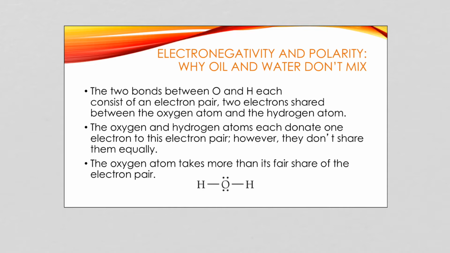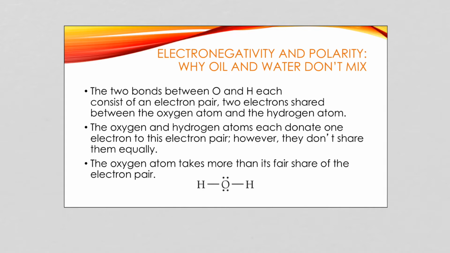So let's look at water first. Water is this molecule here. We've drawn the Lewis structure. And what we see is if we look at the bonds in water, they are made up of a pair of electrons, and each atom donates one of those electrons.